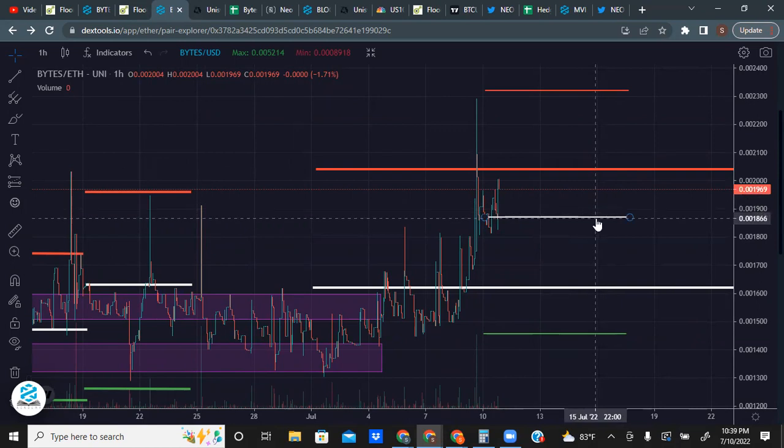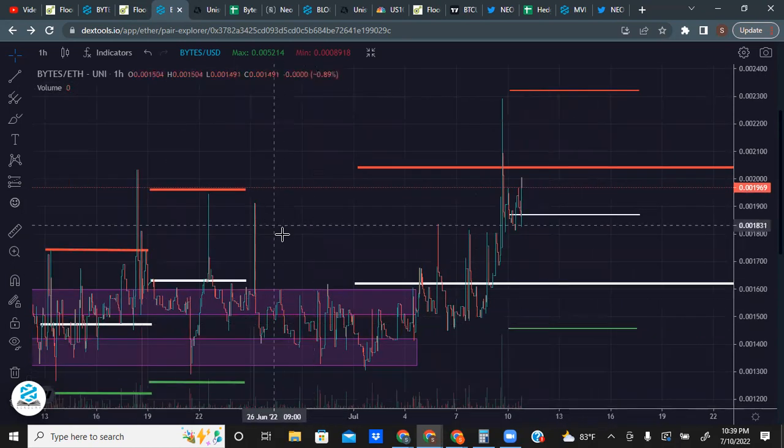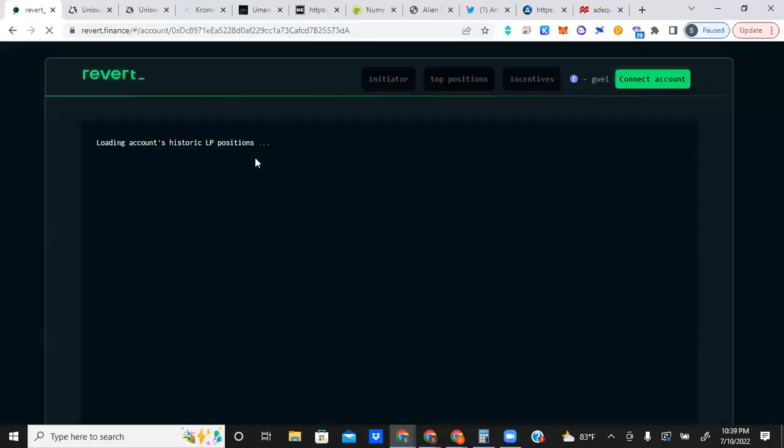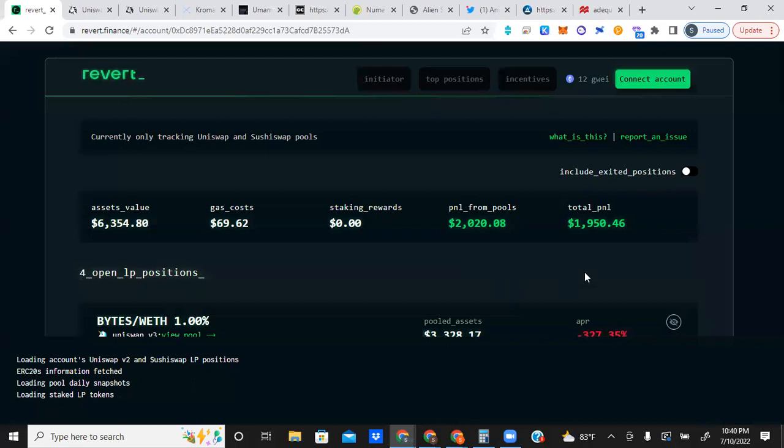We got the weekly pivot here, and then you got this resistance up top. So yeah, we'll see. Let's check in on the liquidity pool positions and how they've been performing. I'm probably going to be closing these positions soon with gas so cheap right now. It's at like 12 Gwei.